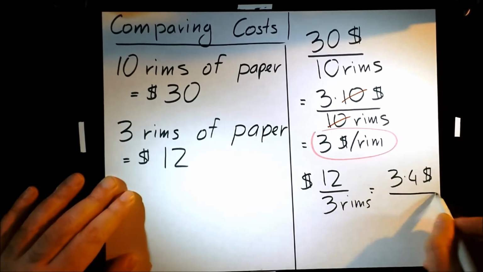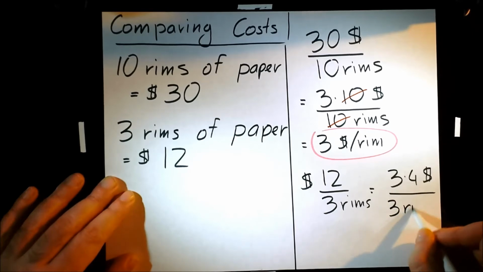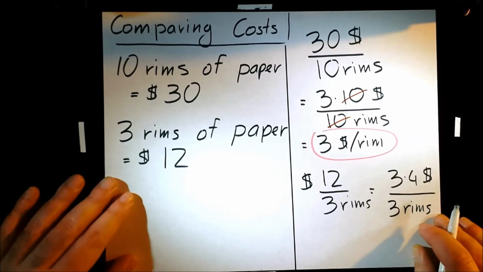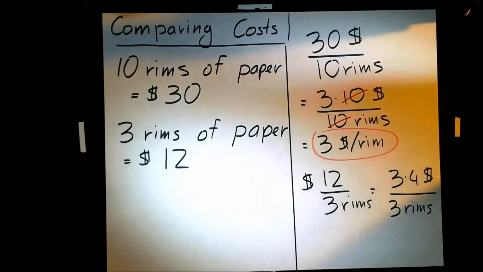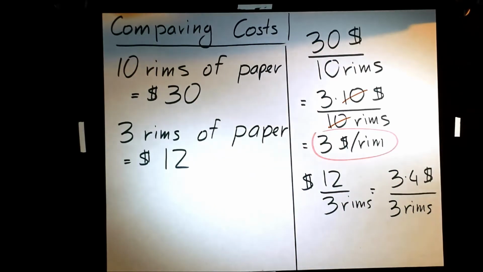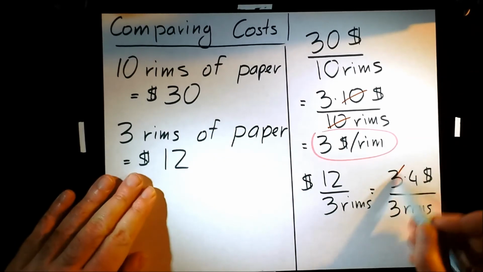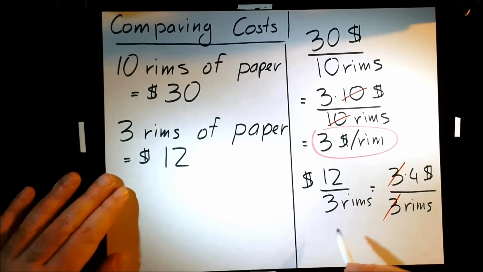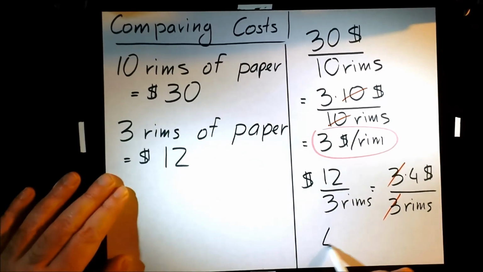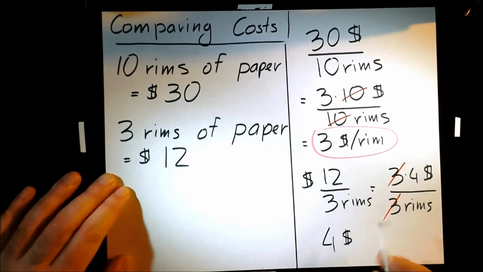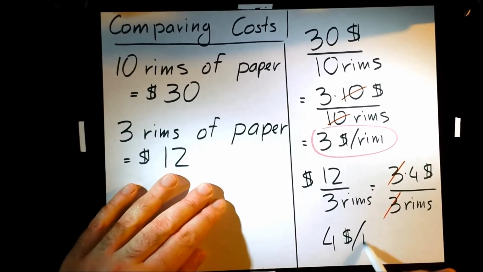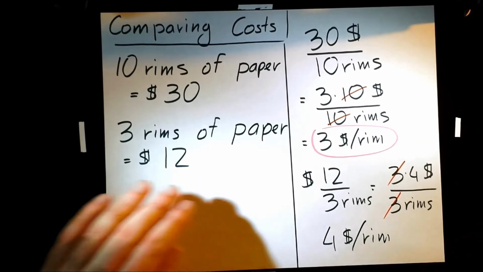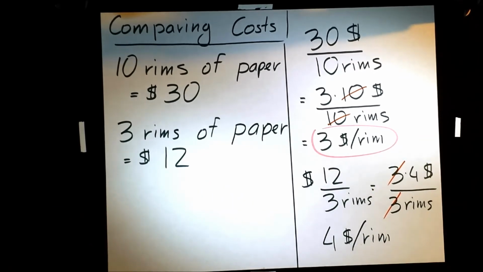Three times 4, of course. Can I cancel something out? The 3s. Which yields $4 for every ream. And that's my second unit rate.